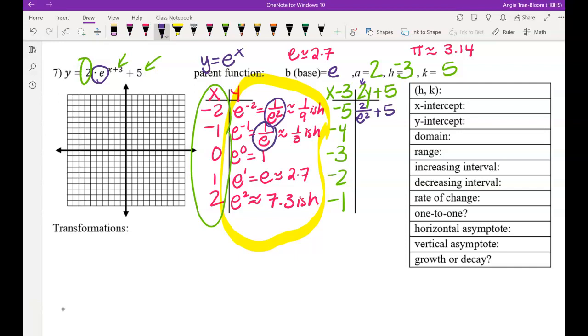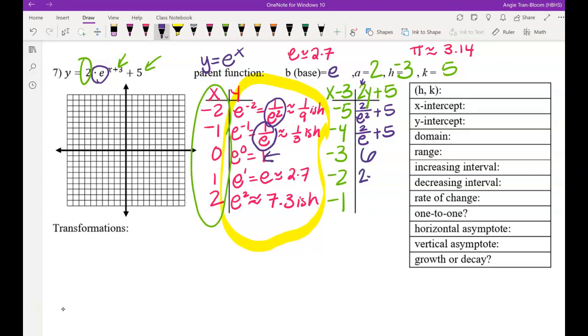Similarly, 1 over e times 2 is 2 over e plus 5. If you don't have a calculator, leave that in the simplest form. When I plot, I just know that's slightly more than 5. And then 1 times 2 is 2, plus 5 is 6, okay?